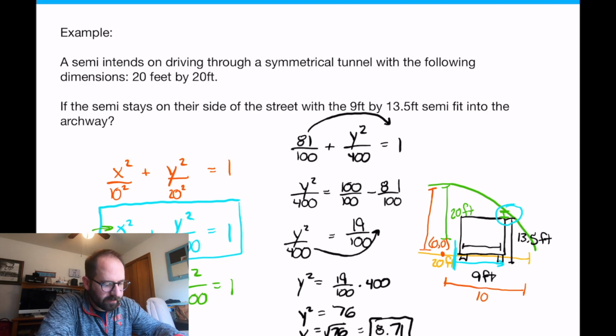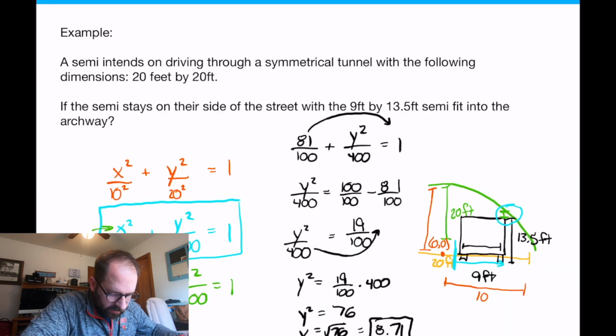So the check is, if I drove down the middle of the road, right? So let me take a screenshot of that. I don't want to erase anything here. If I drove down the middle of the road, the only difference would be, this 9 would change here, because I'm not going 9 feet over.